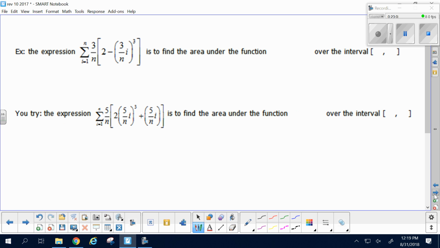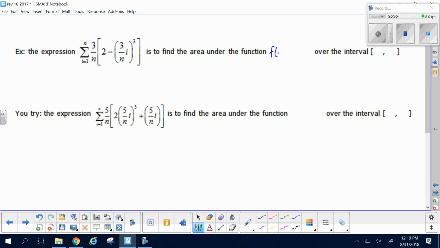Speaking of which, let's go backwards now, shall we? This expression is an expression for finding the area under something from somewhere to somewhere using, I'll give you that it's right. What's the function? 2 minus x squared.